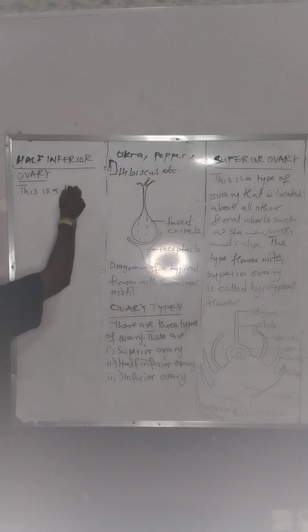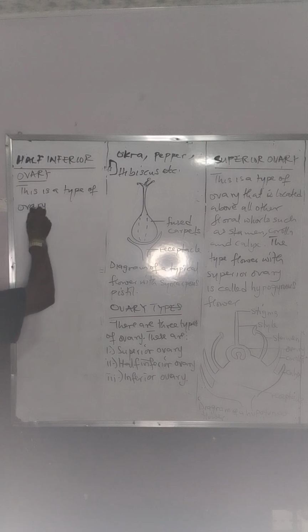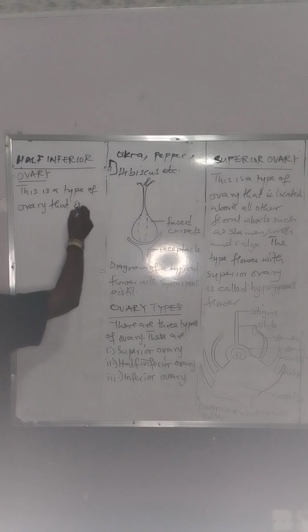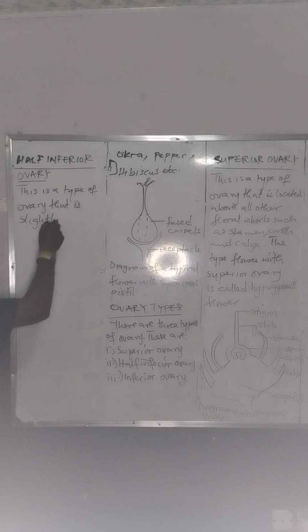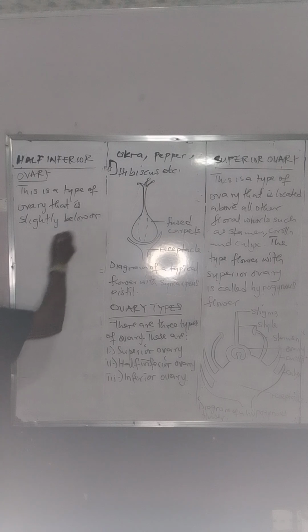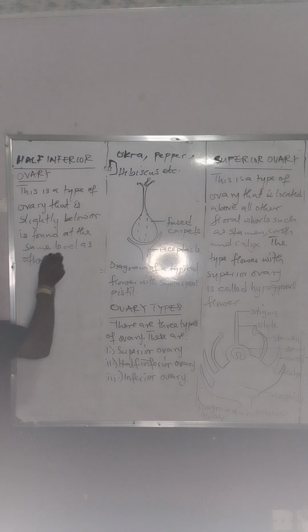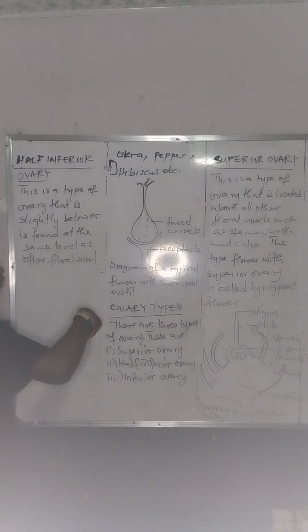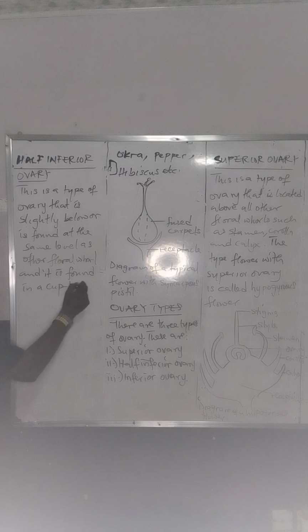This is a type of ovary that is slightly below, or is found at the same level as other floral whorls, and it is found in a cup-like, take note of this, cup-like receptacle.